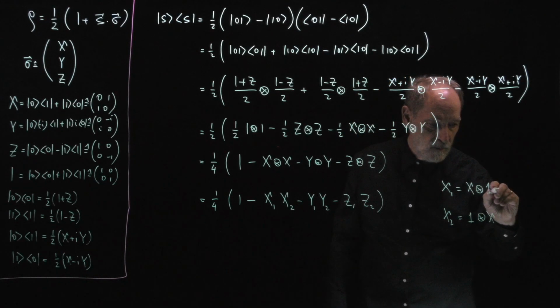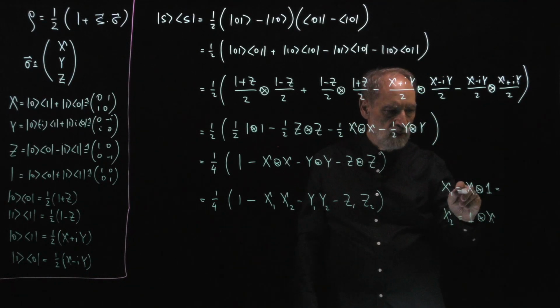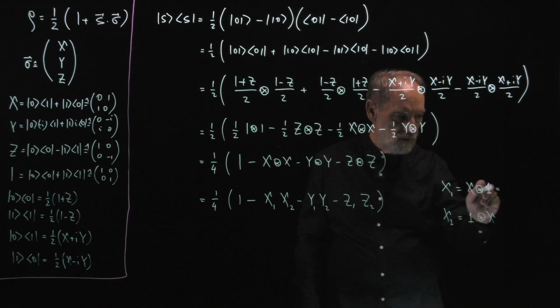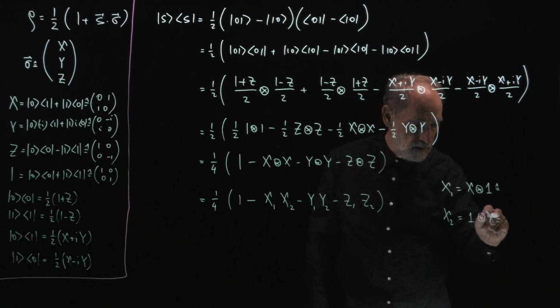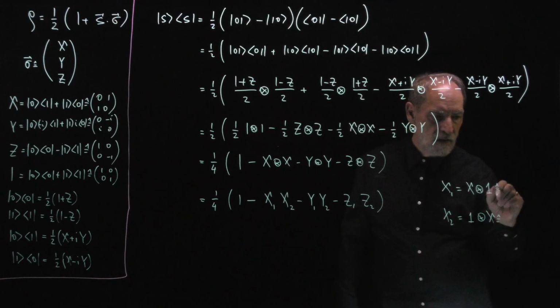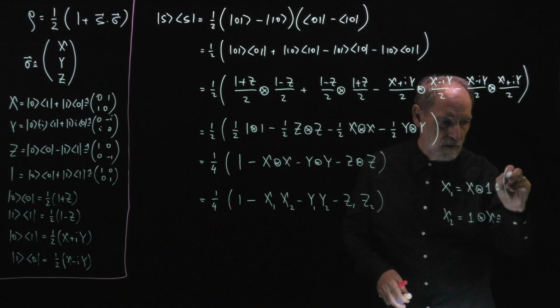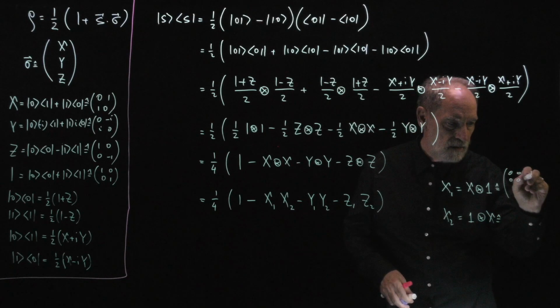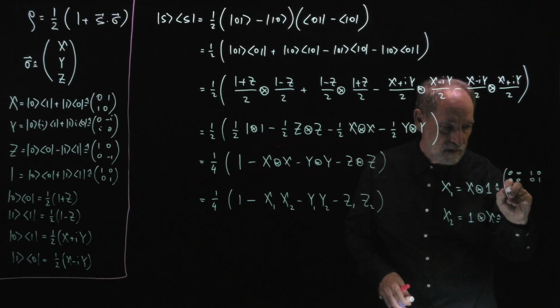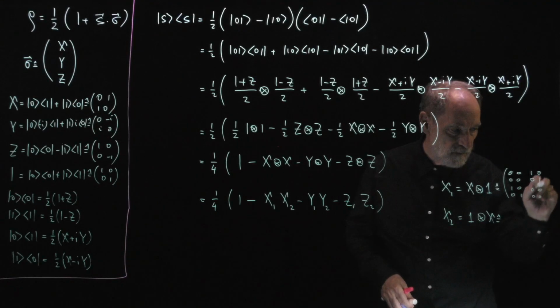So remembering what we said about how this 2 by 2 matrix and this 2 by 2 matrix are combined in a tensor product of 2 by 2 matrices, this would just be the 0 matrix, and then the identity matrix, and the 0 matrix.